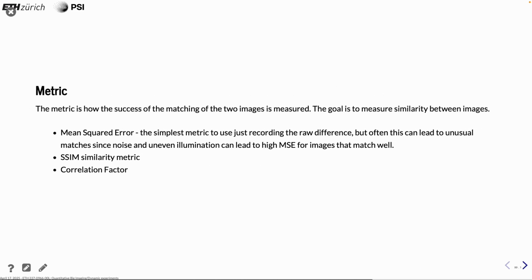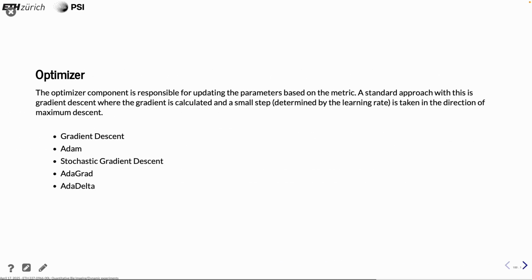And then we need metrics. We have already talked about the mean squared error. We could also look for the structural similarity metric, or we can look at correlation factors to compare how good was the latest movement compared to the fixed image. And finally, we also need the optimizer, where you can have different choices.